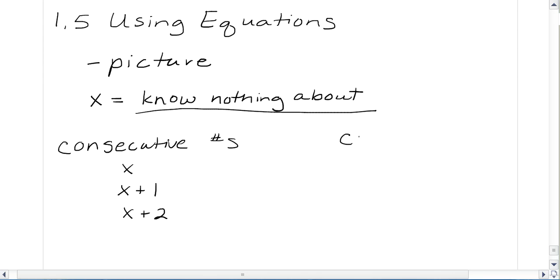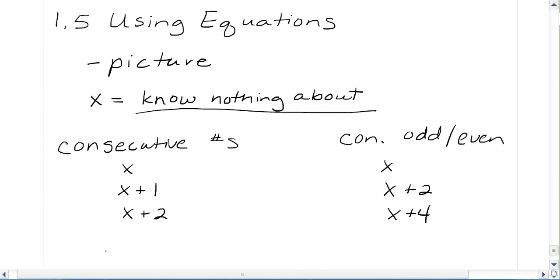But if you were talking about consecutive odds or evens, then if x is your first number, and if x is assumed to be even, for instance, the next even number after that would have to be x plus 2. The next even number after that would have to be x plus 4, and so on. Just wanted to remind you of that.